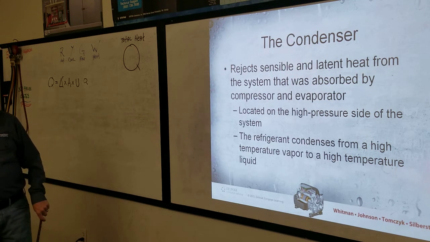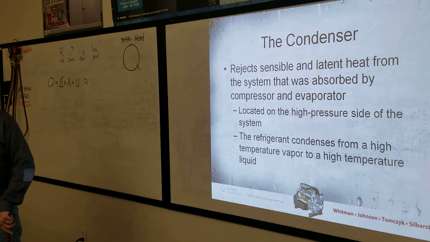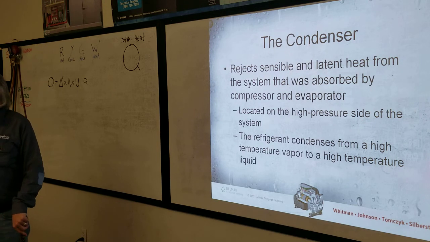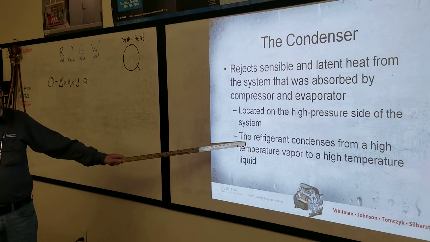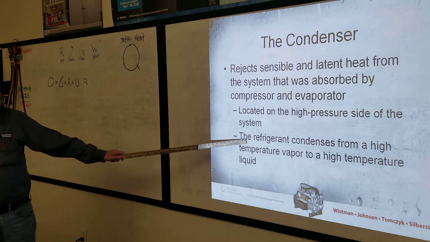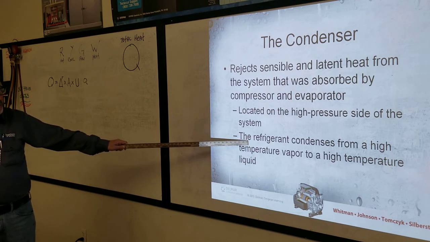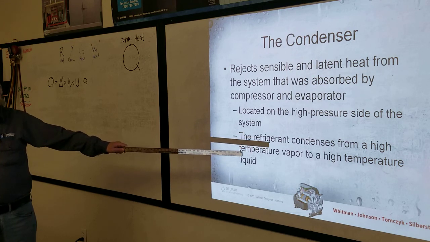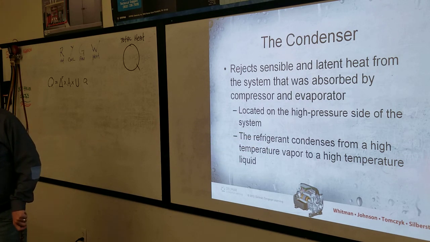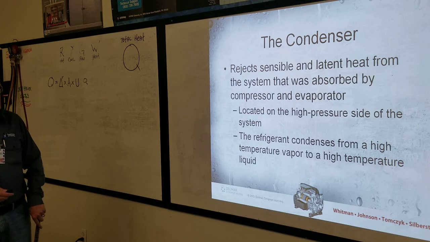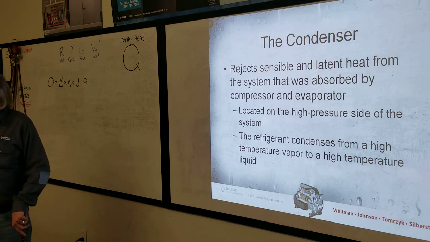That's why they call it a condenser. Vapor to liquid, condensed. It is right there: the refrigerant condenses from a high temperature vapor to a high temperature liquid. Okay. Are you reading along?